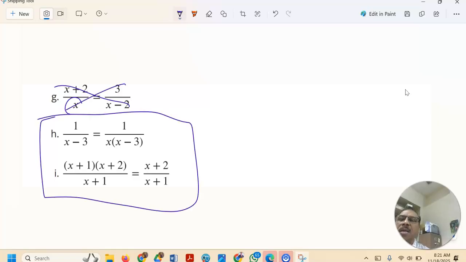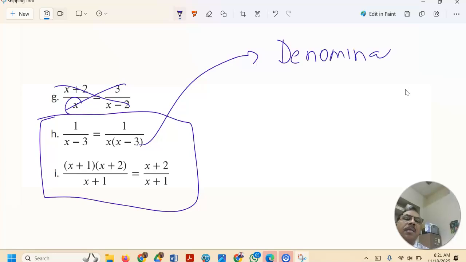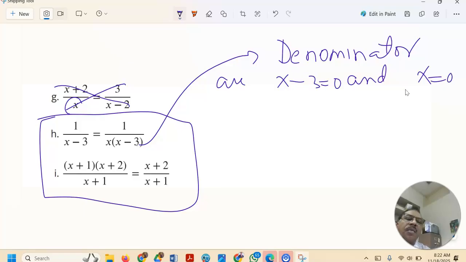Look at this piece. You can see the denominators for each problem. This is how you do it. The denominators are x minus 3 and the other denominator is x, right? So that means you put them equal to 0 and you get the answer when you solve it.